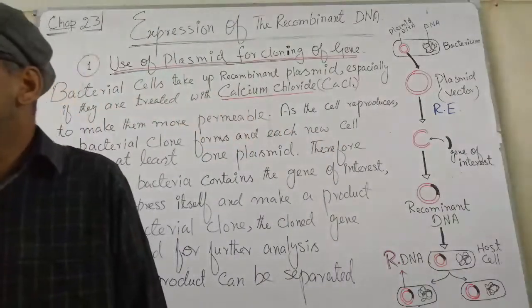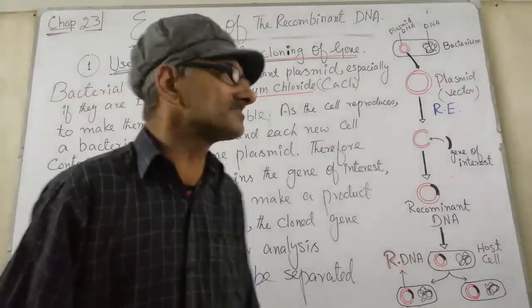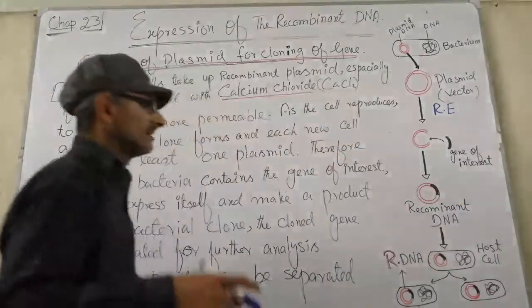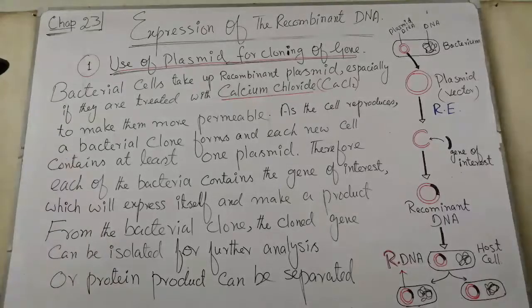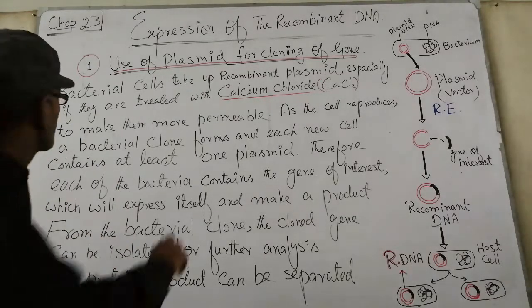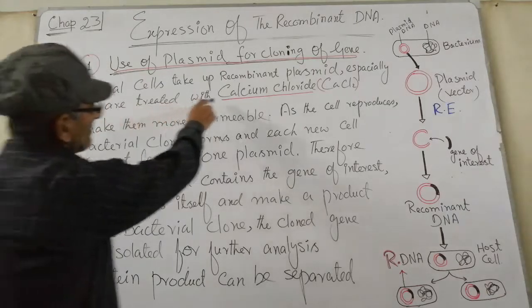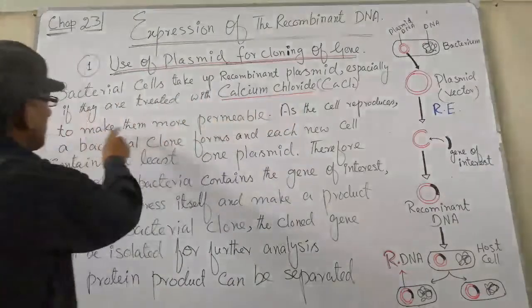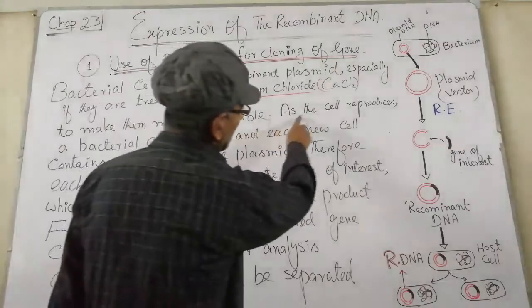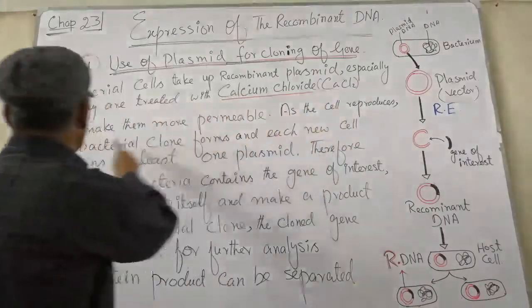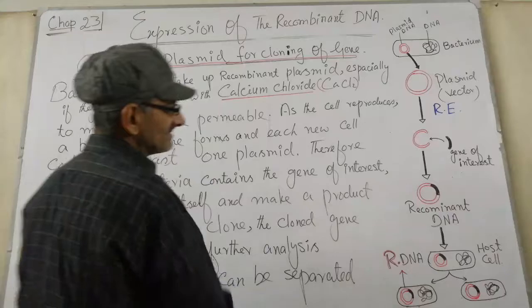When it will become permeable, the recombinant DNA can be introduced into the cell. If they are treated with calcium chloride to make them more permeable, as the cell reproduces, a bacterial clone forms.